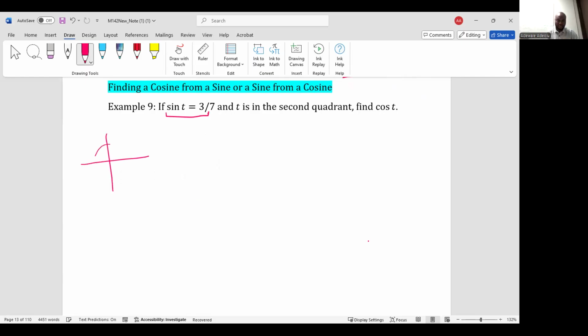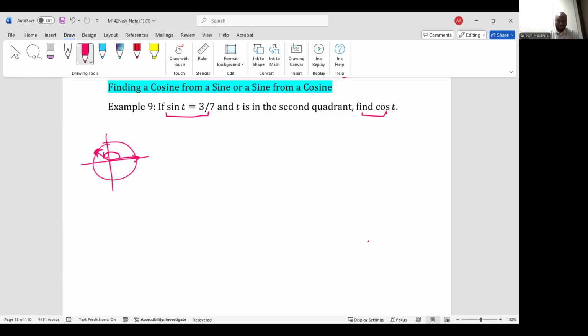Something like this. So maybe this angle, the terminal side is in the second quadrant. Now, find cosine of t.